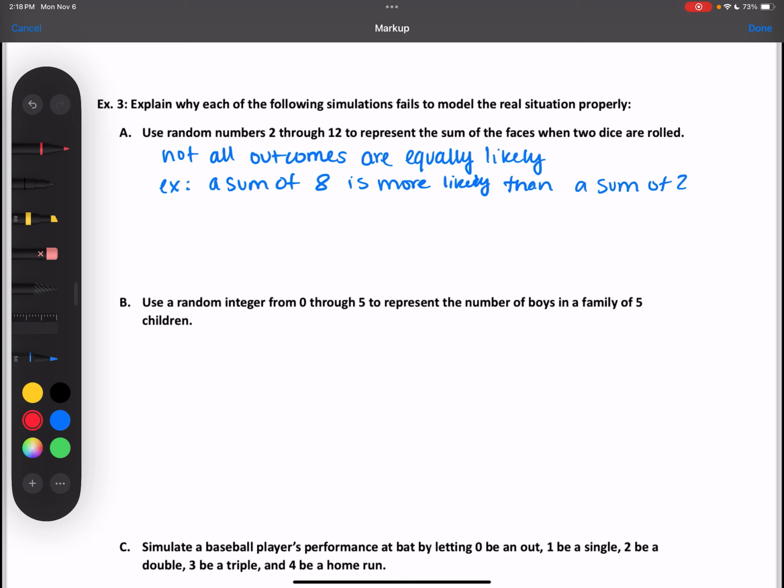All right, on your calculator, if you hit math and then arrow over to PRB, which is the probability option, and go down to number 5, it says randInt, for random integer. This is the calculator function for that.